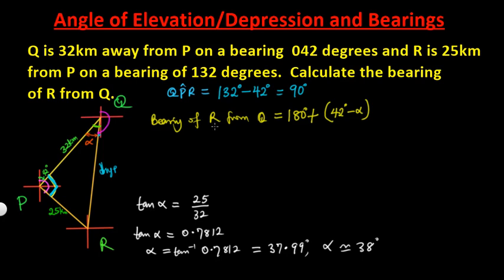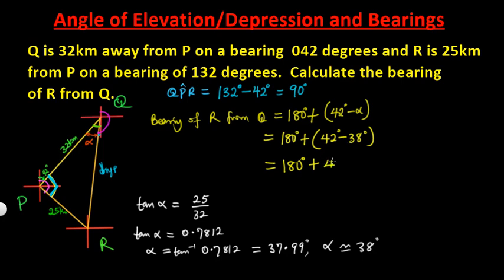So the bearing of R from Q will be equal to 180 degrees plus, open bracket, 42 degrees minus 38 degrees, close the bracket, equals 180 degrees plus, so when we subtract this, what do we have?